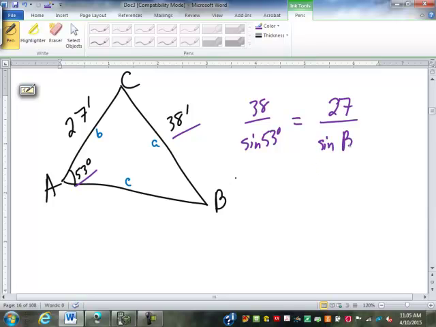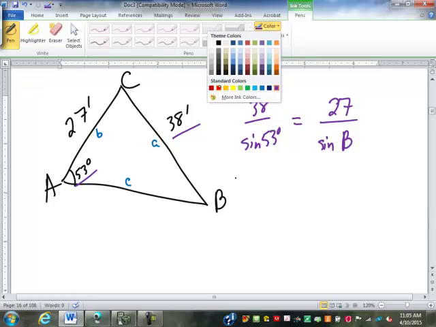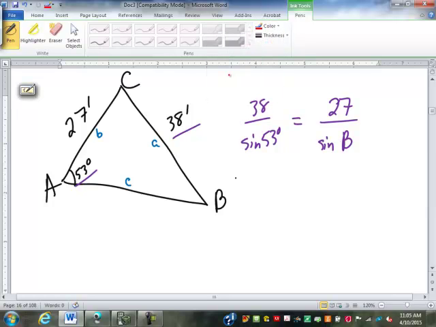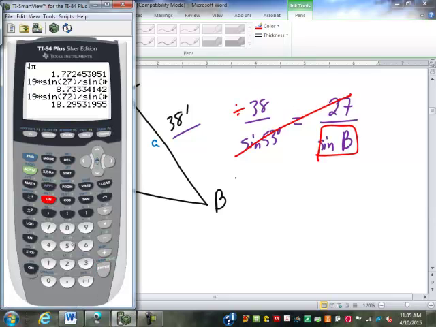angle B. When I am looking for an angle, there's going to be an extra step here. I'm still going to cross multiply and divide: sine of 53, again making sure I close the parentheses, times 27 divided by 38, gives us 0.5675 if I round it.